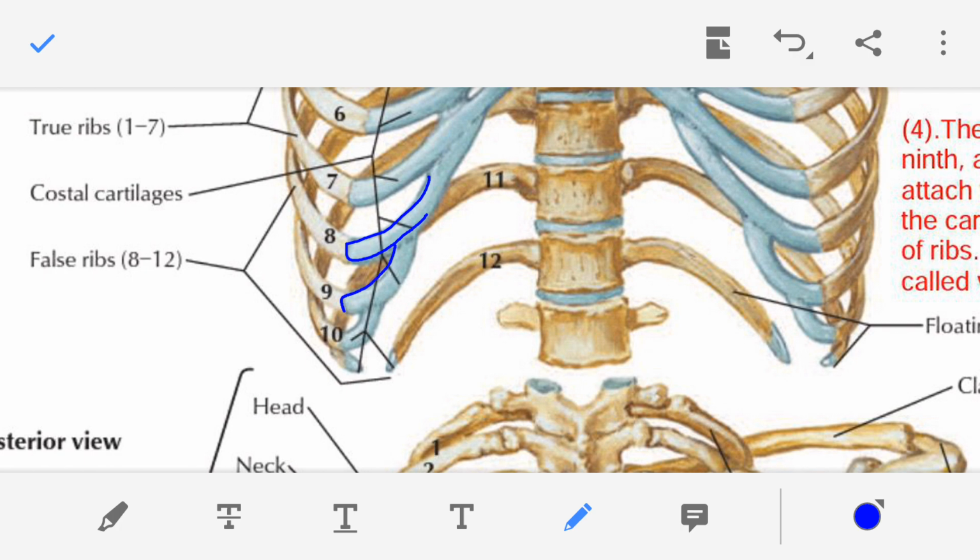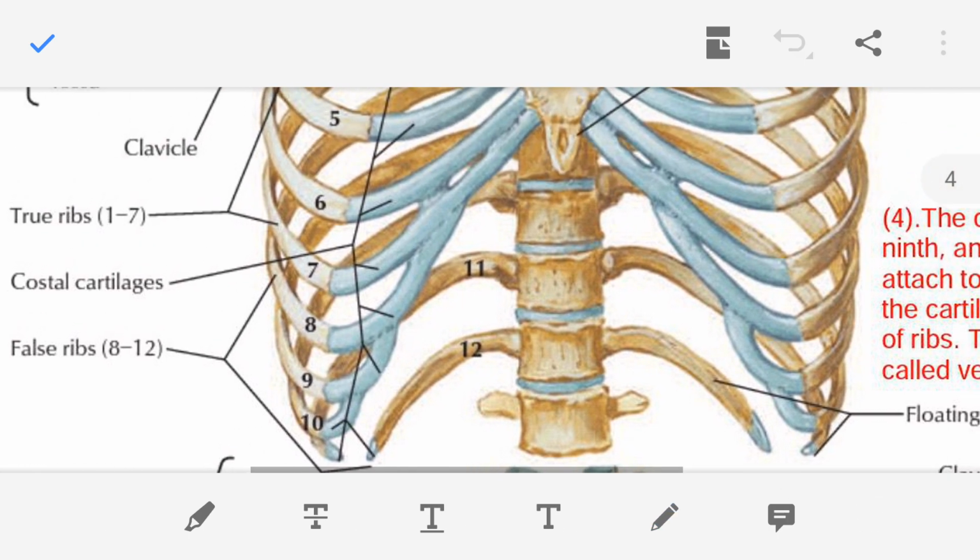This one is the cartilage of the 9th. This one is the cartilage of the 10th rib. And these 8th, 9th, 10th ribs' cartilages are joining together, and together all these cartilages from 8, 9 and 10, they are joining with the cartilage of rib number 7.